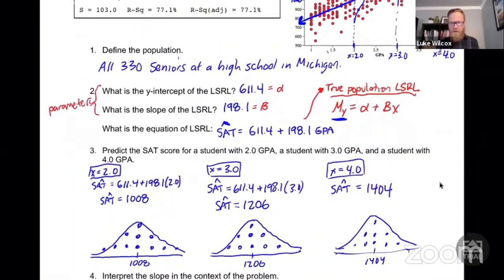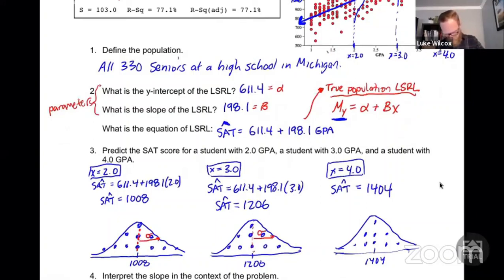Now, one other thing I want to point out before we move away from these normal distributions is the variability of each one of them. One of the ways we could measure that, of course, is with the standard deviation, which I can represent in the picture with the symbol sigma. I could do the same thing in the next picture here.